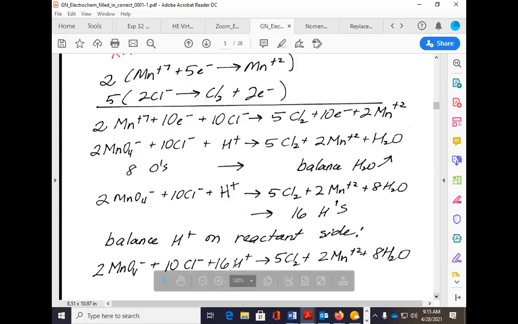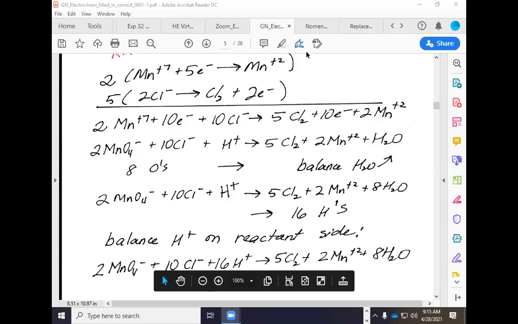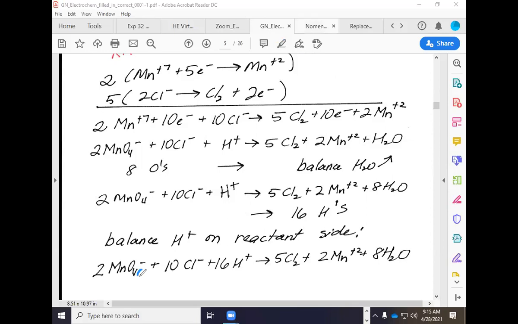And then of course you could go back and put the phases if you wanted to. So it's easier to do this without the phases and then put the phases in at the end.